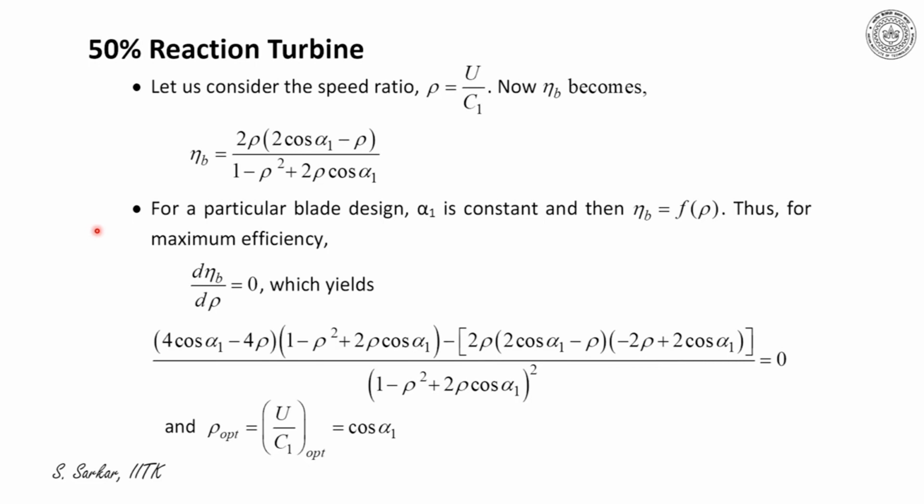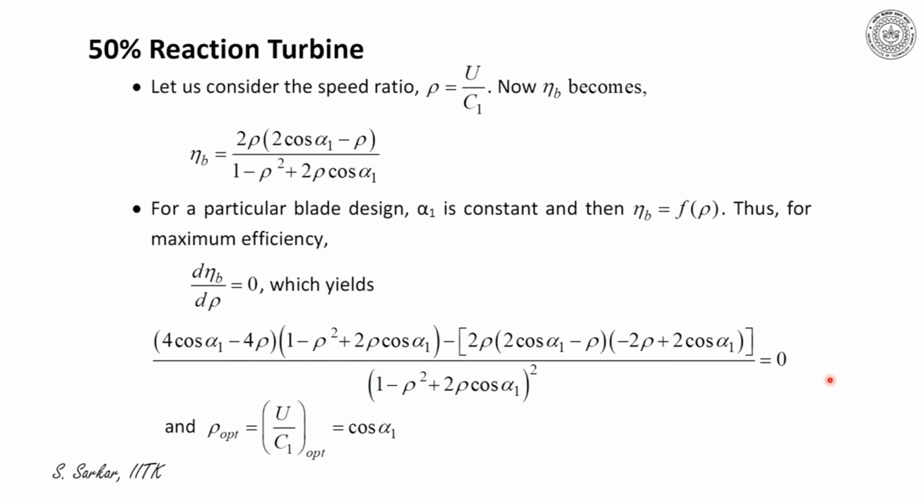Hence, for maximum blade efficiency, I can say d eta B by d rho is equal to 0, which yields 4 cos alpha 1 minus 4 rho within the bracket 1 minus rho squared plus twice rho into cos alpha 1, minus within the bracket twice rho within bracket twice cos alpha 1 minus rho, again within the bracket minus 2 rho plus twice cos alpha 1, divided by 1 minus rho squared plus twice rho cos alpha 1 whole to the power square, is equal to 0.